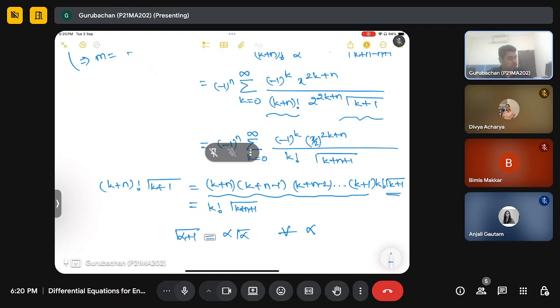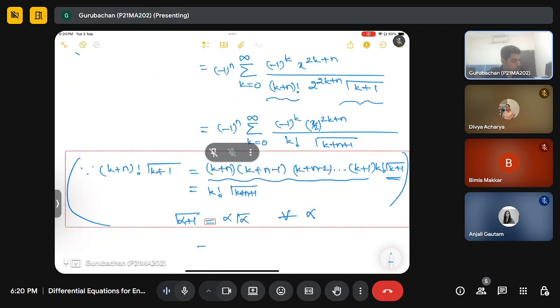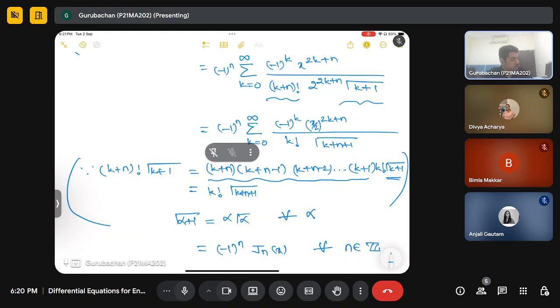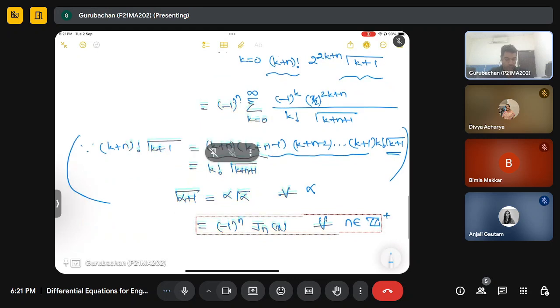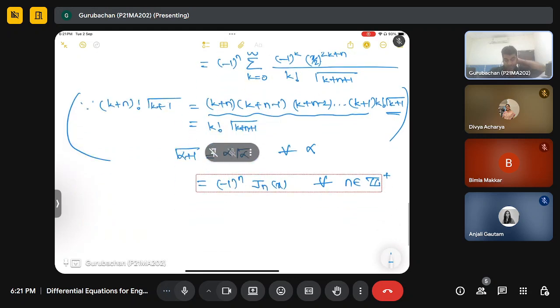So from here we get the series into the following form, and this is nothing but J_n(x). So this is true for all positive integers n. Here we have shown that J_(-n)(x) is equal to (-1)^n J_n(x).